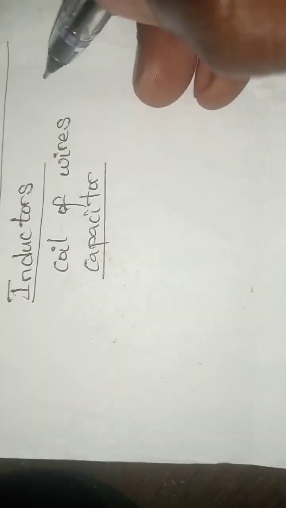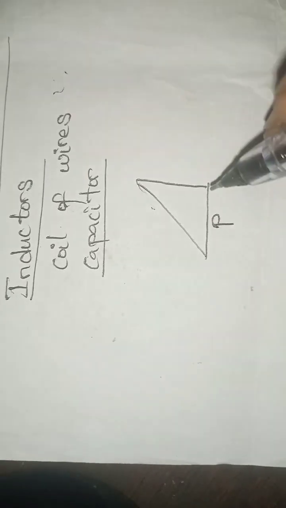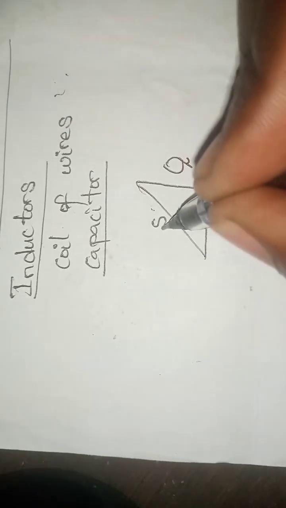But we want to put this information on a diagram. So you have this diagram. This is our real power, this is our reactive power, and this is our complex power.